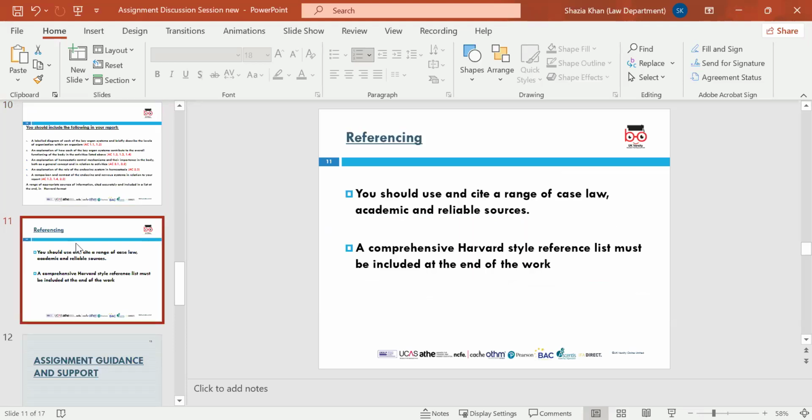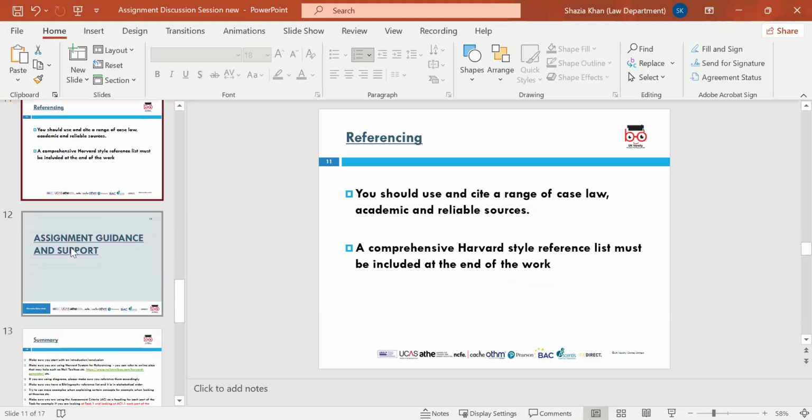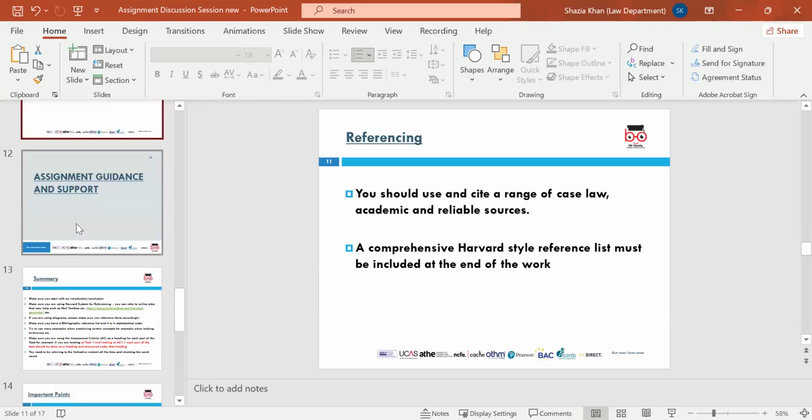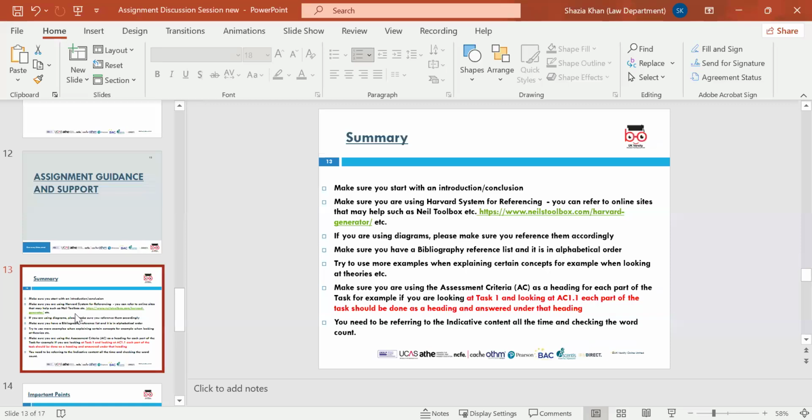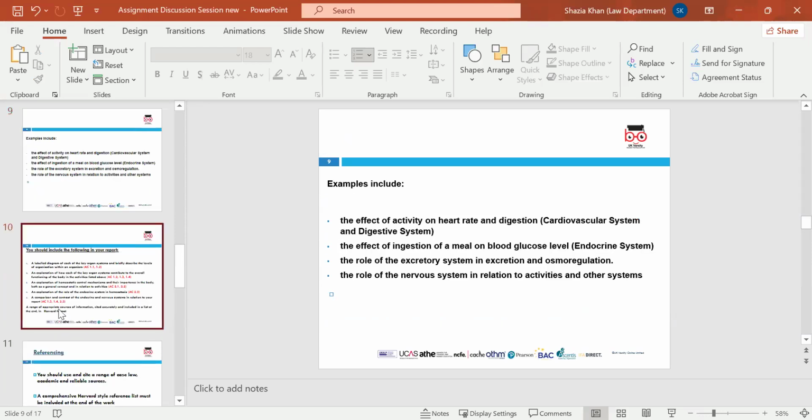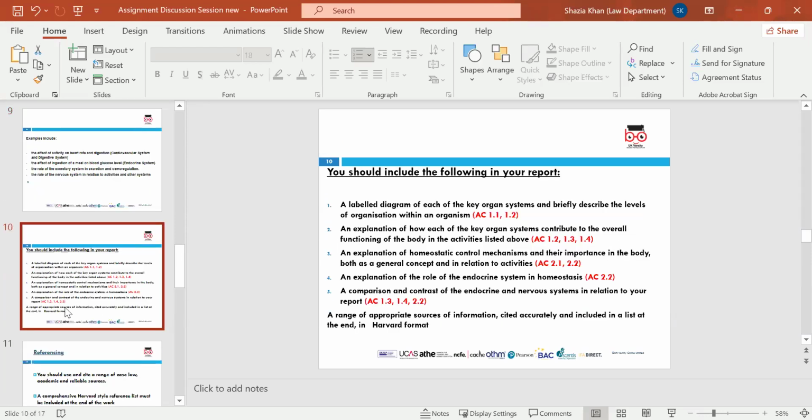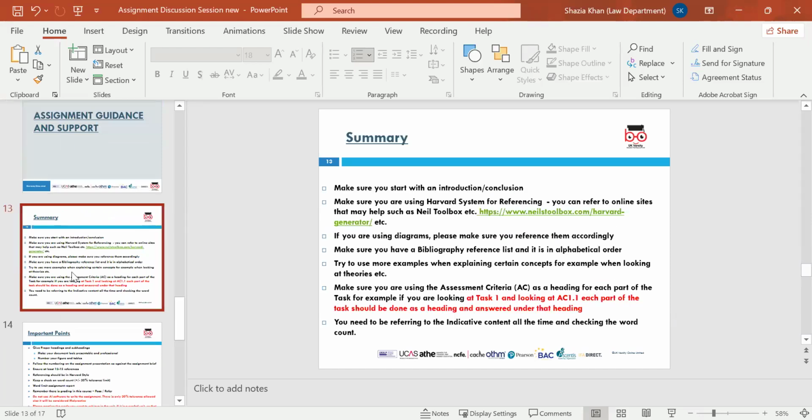The next part of it, you need to reference all your academic sources and use the Harvard system of referencing. For the summary, make sure you start with an introduction and a conclusion. And again, the Harvard reference. Is the introduction part of the 3,500? Yes.